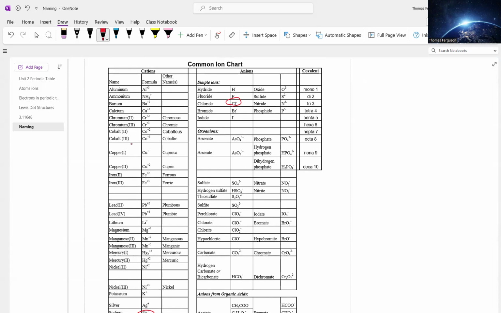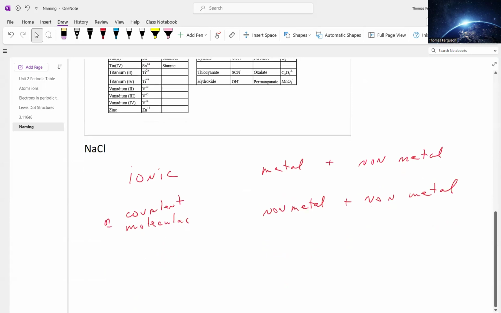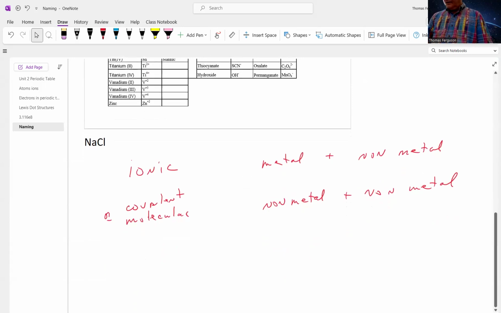So another way to tell ionic is: is there a cation and an anion there? Yes. So that's the first step. Is it ionic or molecular? If it's not ionic, then it's molecular. So you first check to see if it's ionic or not. Let's look at another example.